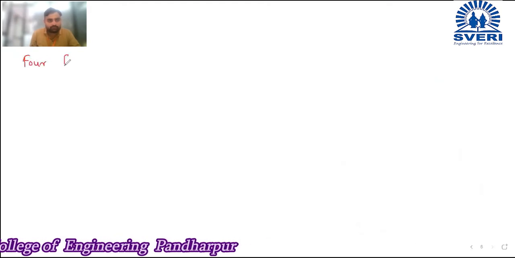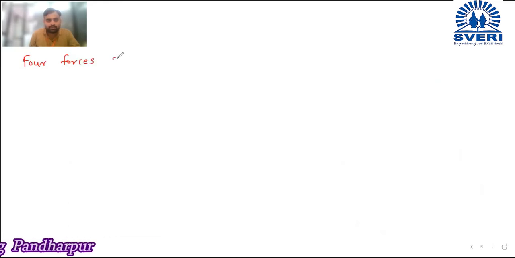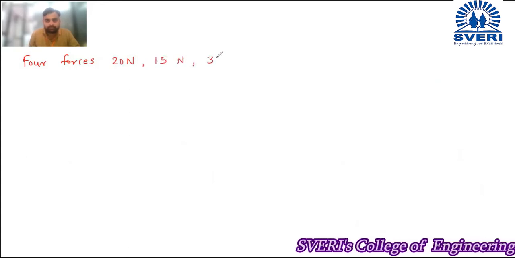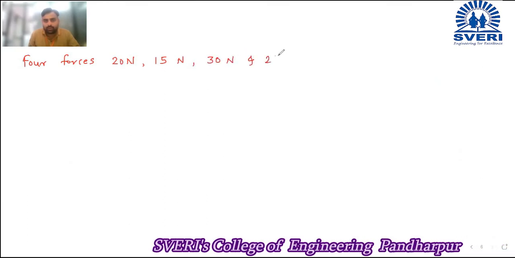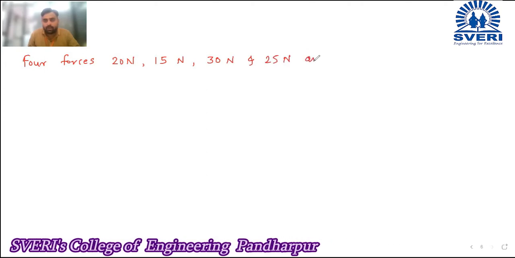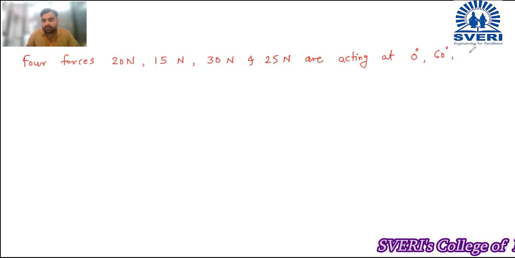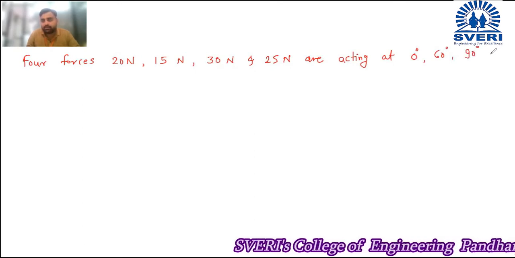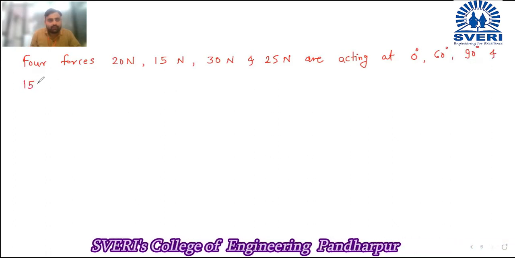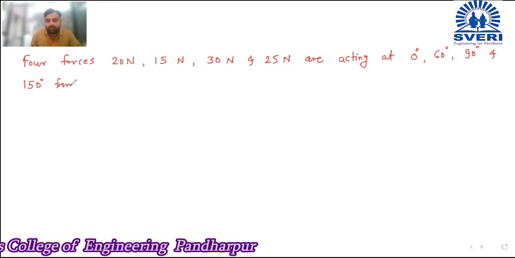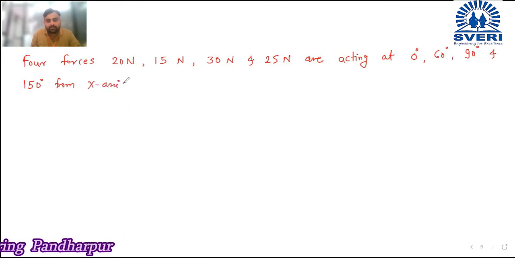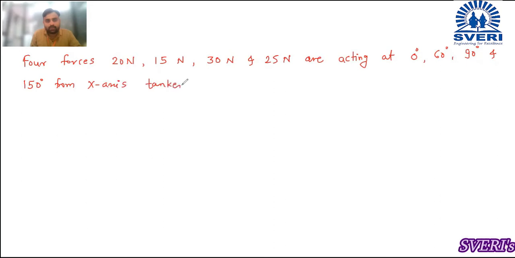This is your problem number 1. So 4 forces, 20 Newton, 15 Newton, 30 Newton, and 25 Newton are acting at 0 degree, 60 degree, 90 degree, and 150 degree from x-axis taken in order.